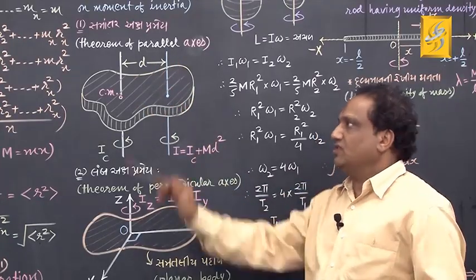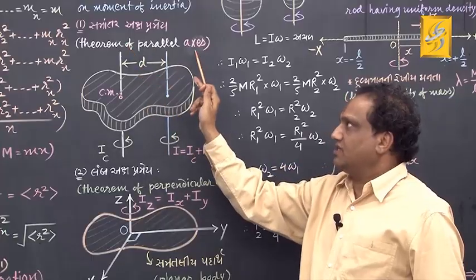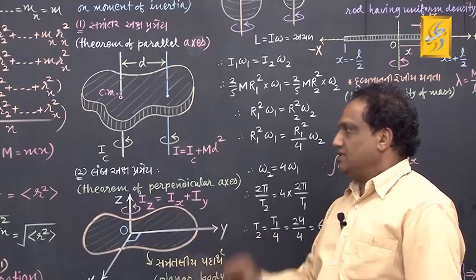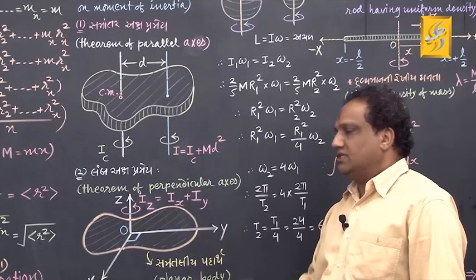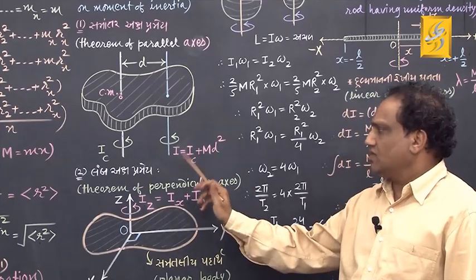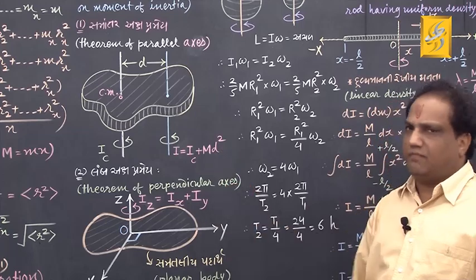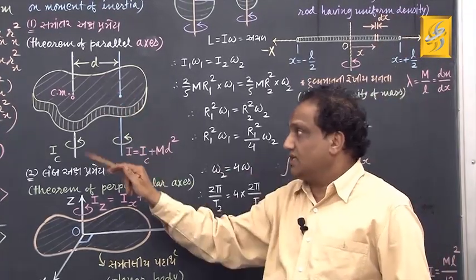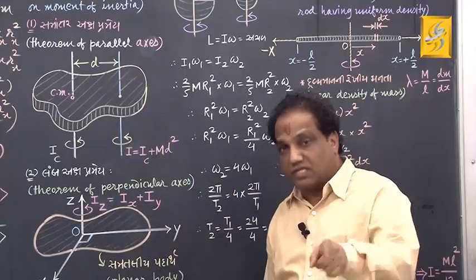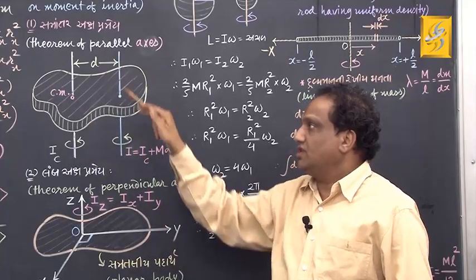That result is known as theorem of parallel axis, and that theorem is: I equals IC plus MD square. Mind well, these two axes must be parallel to each other.